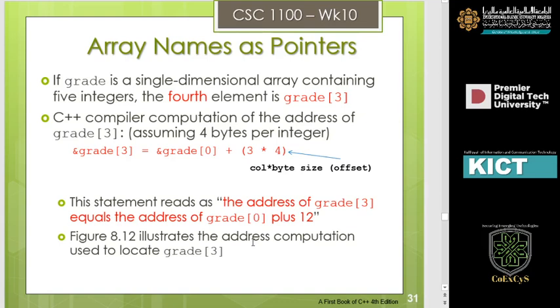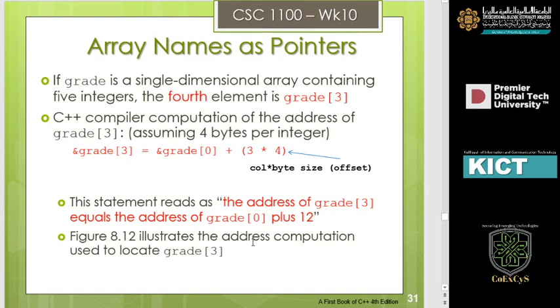In this example, if grade is a single dimensional array containing 5 integers, the fourth element is basically grade[3]. That one we know because we know how arrays work. The C++ computation of the address of grade has to keep this into account, because the address only points to the first byte.